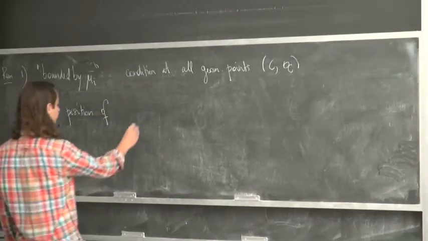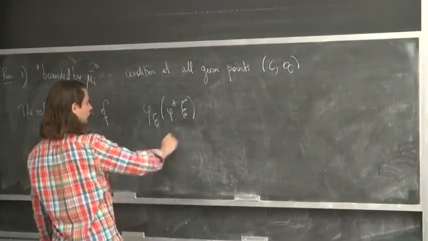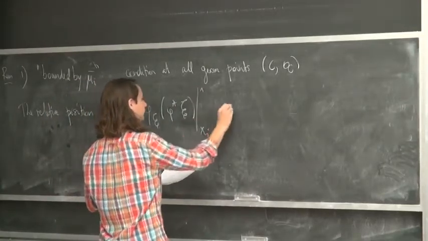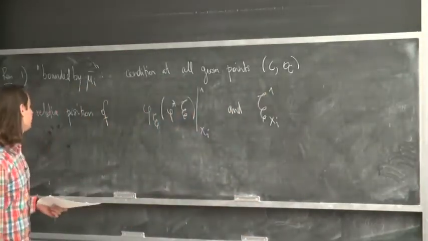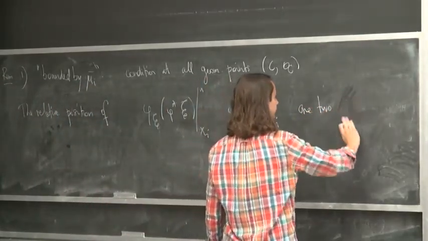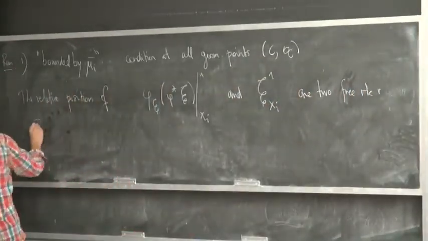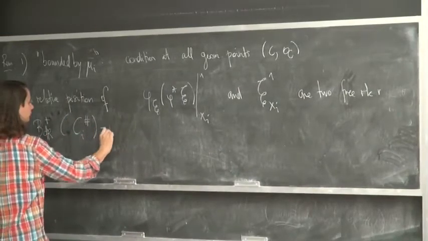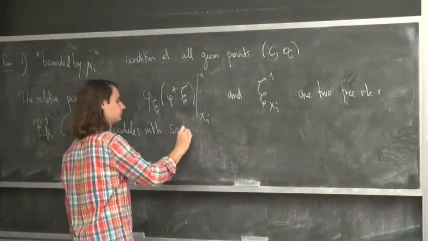So the relative position of the image under E of phi_E upper star, restricted and completed at x, and E itself completed at x, are two finite free rank r B_dR^+ modules of R_i sharp with the same generic fiber.